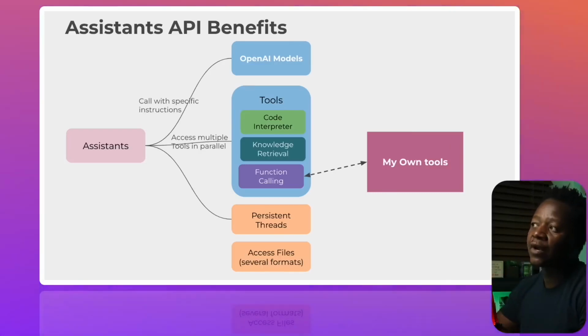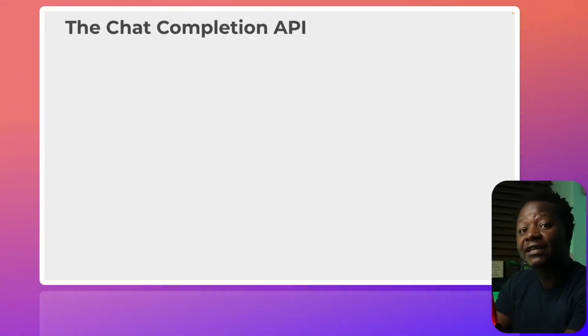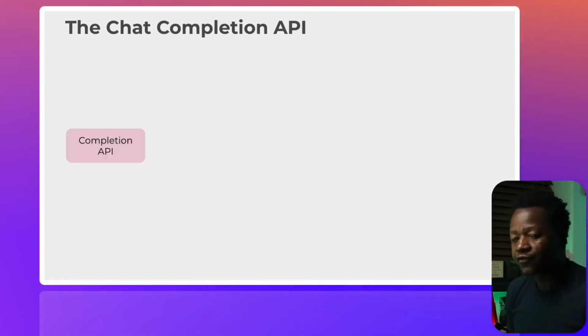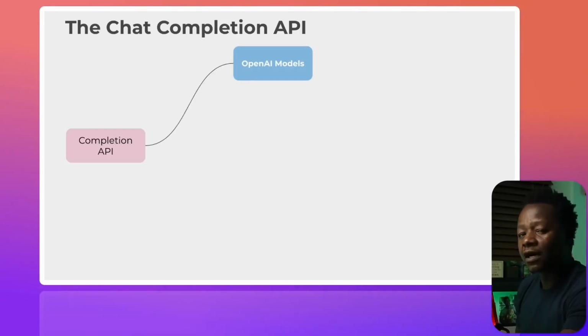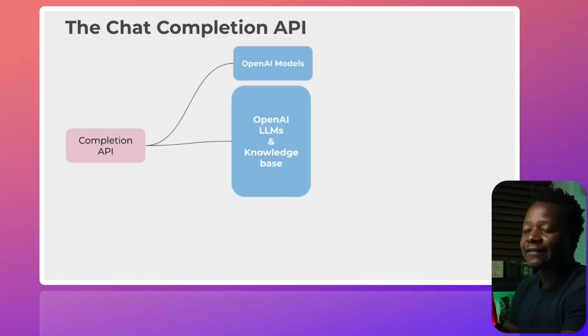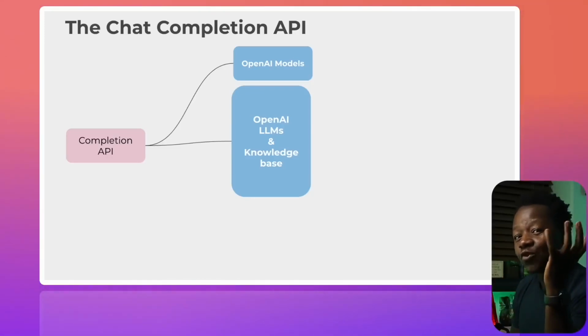So this is a diagram I wanted to show you about the benefits of the Assistance API. Now, of course, you've heard of the chat completion API, which is the one that you've been using if you were using the OpenAI API, right? So you just send messages and you receive a response. And it's very useful because the completion API goes straight to the OpenAI models and asks questions, the large language models, and of course the knowledge base. But the thing here is that this knowledge base is already there.